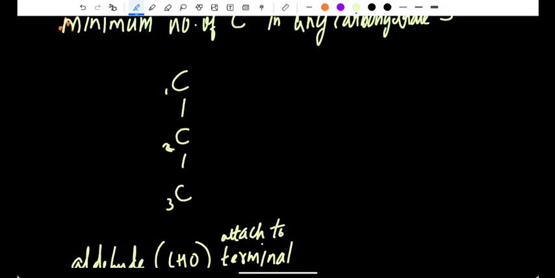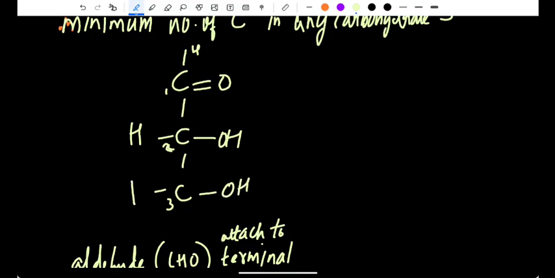At the terminal position, aldehyde will be added, CHO. Now to balance the valency, we are adding hydrogens: H, OH, H. Then here also 1 H.